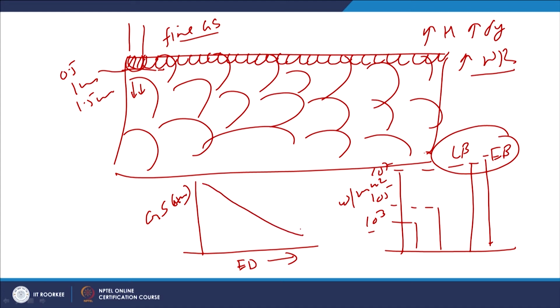So, we can say when the energy density is low, a lot of heat is to be delivered to the surface. So, more heat means a lower cooling rate, and so a coarser grain size. When the energy density is high, we need to deliver a very small amount of heat to bring the surface layers up to the molten state. This in turn will cause a higher cooling rate during the solidification, and so the fine grain structure.